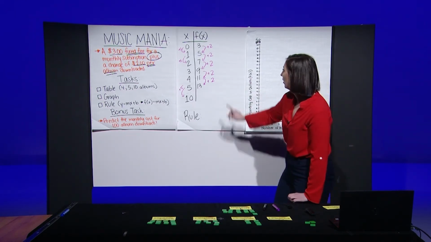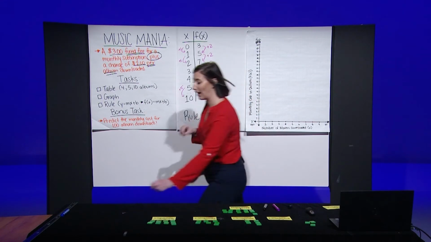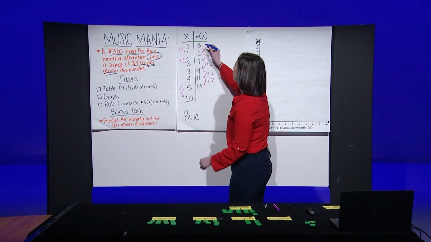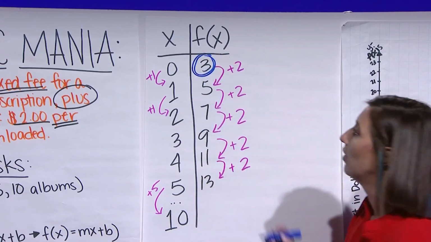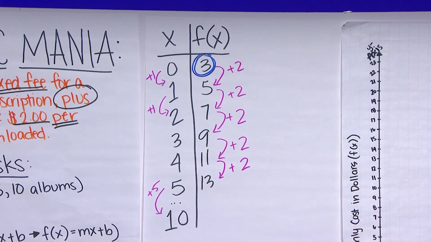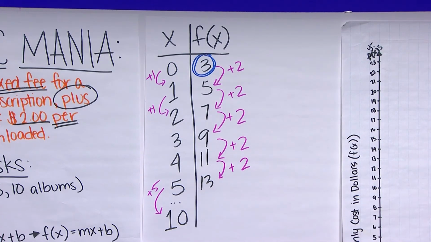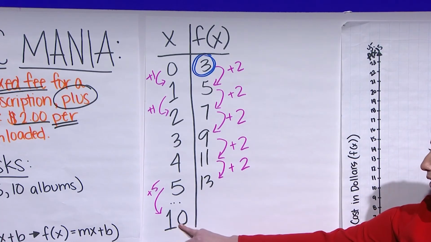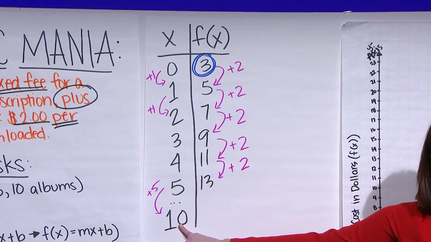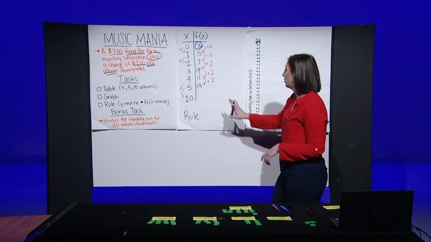We know my initial value, what I started with, was a $3 service fee. We know that. I know I have to pay $3 somewhere. We know we're buying 10 albums and that every one of those albums cost $2.